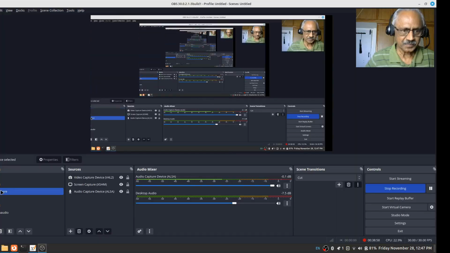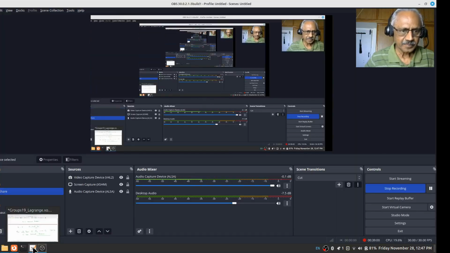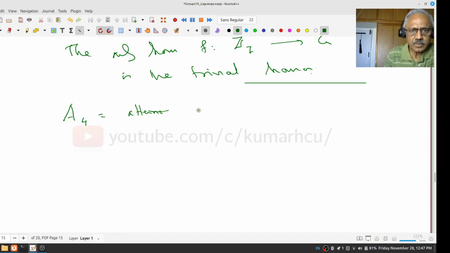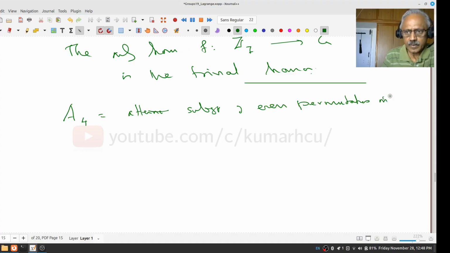Okay. Now let's go to the next application. Suppose I have A4. Do you remember A4? Alternating, that is the subgroup of even permutations in S4.